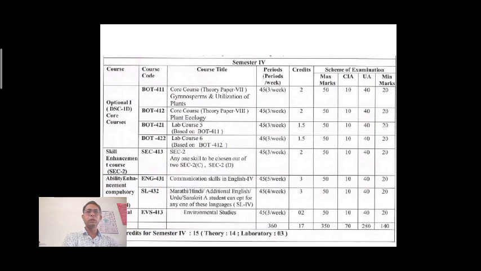Now moving to the next portion, that is the periods per week. All these subjects have 45 lectures or periods per week and different credits. For example, 2 credits for theory, 1.5 credits for each practical, then 2 credits for the skill enhancement subject, then 3 credits each for English communication skill and the Marathi second language.